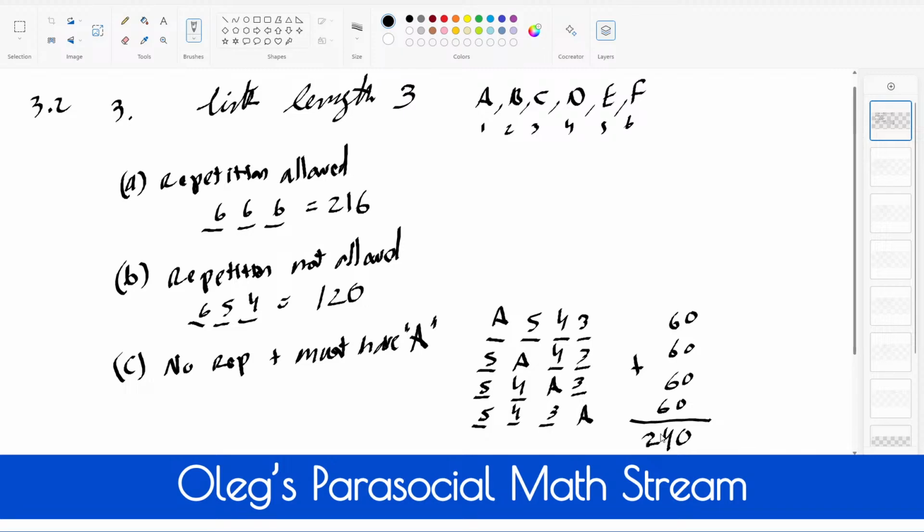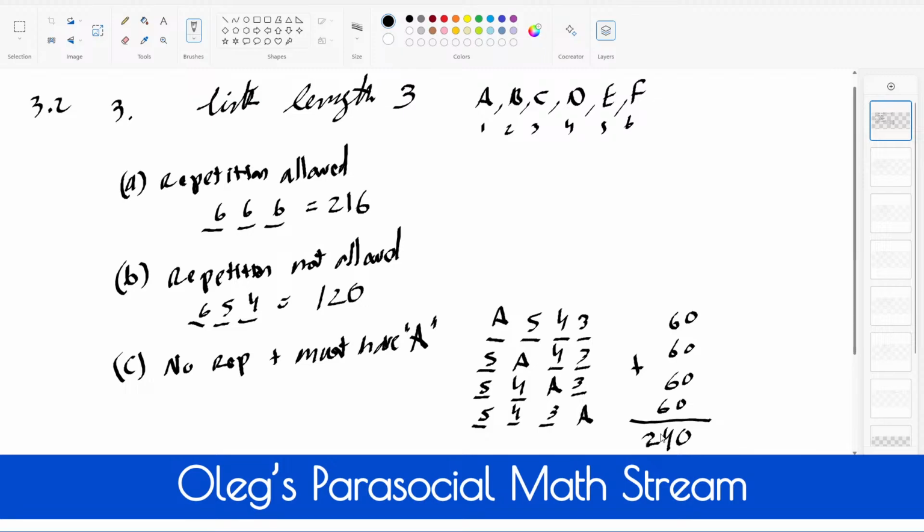Okay, repetitions allowed. First one's 216. Repetition is not allowed. Answer is 120. Repetition is not allowed unless must contain A. It's saying 60, which I got 60. Why did I do it 4 times? Hang on. Oh.